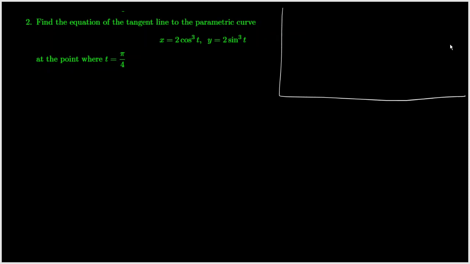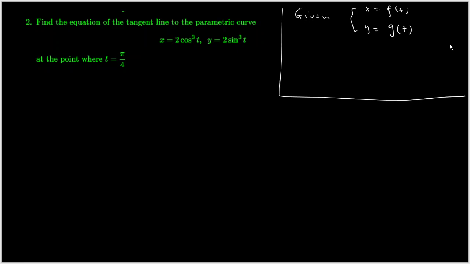The formula is the following. Now let's say you are given parametric equations. Let's say x is a function of t as f of t, and y is a function of t as g of t, and both functions are differentiable. It means you can get the derivative of the function on some interval.